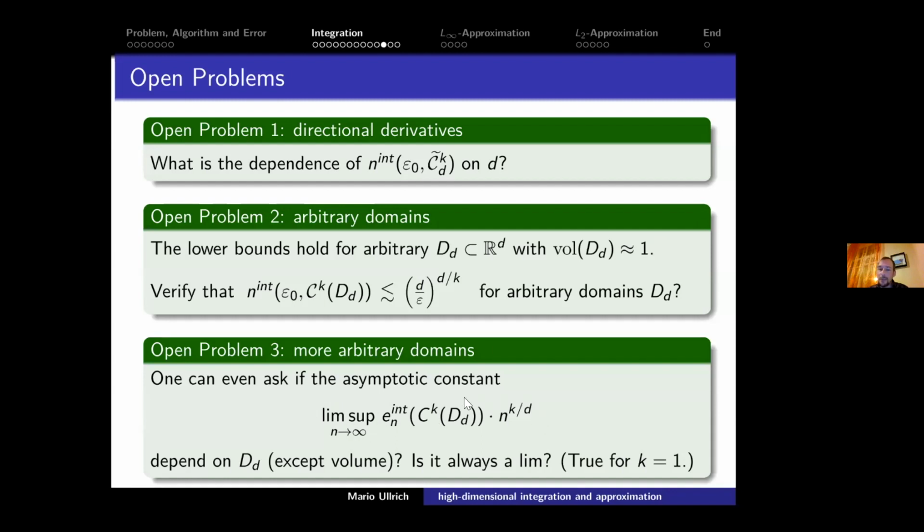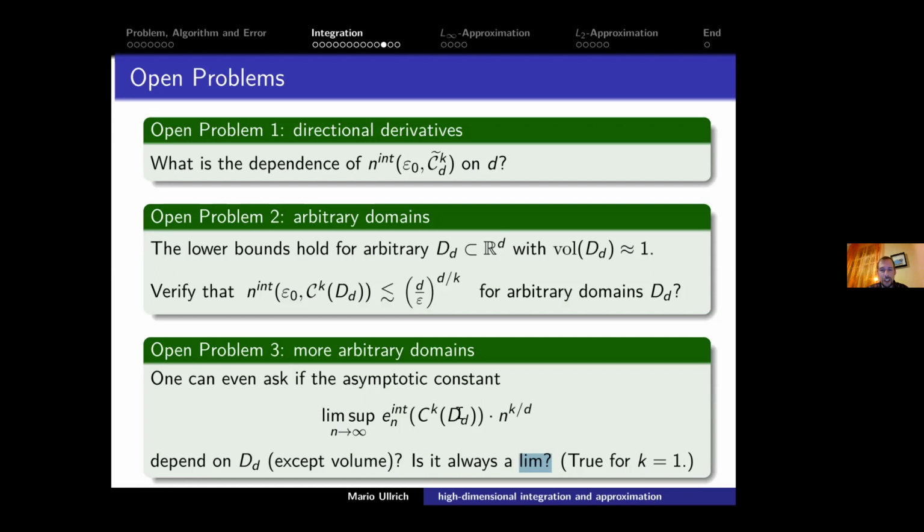This asymptotic constant, we know that the lim sup exists. So how does this depend on the domain? It's quite an old conjecture, I think. Also, Hans Triebel was working on that quite a lot. The question is whether this lim sup is essentially always a limit, whether the limit really exists, and whether it does not depend on the domain, except through the volume.